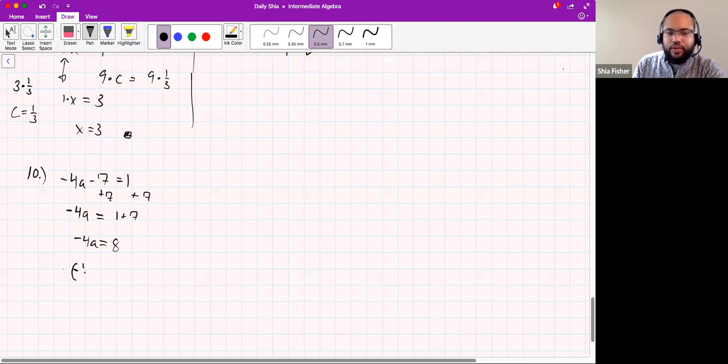So if I multiplied a negative 1/4 to a negative 4, then I also need to do a negative 1/4 to the 8 on the other side. And basically, we know that's going to cancel out and give us a 1. The two negatives are going to change it into a positive.